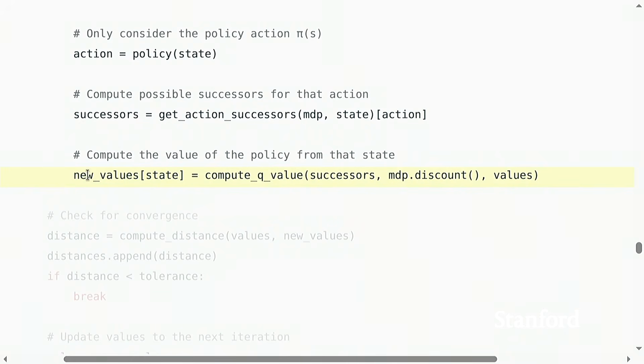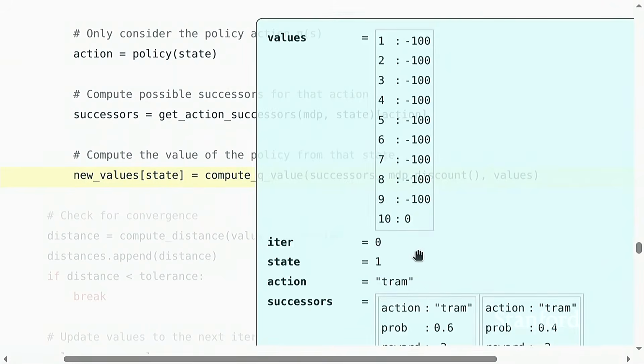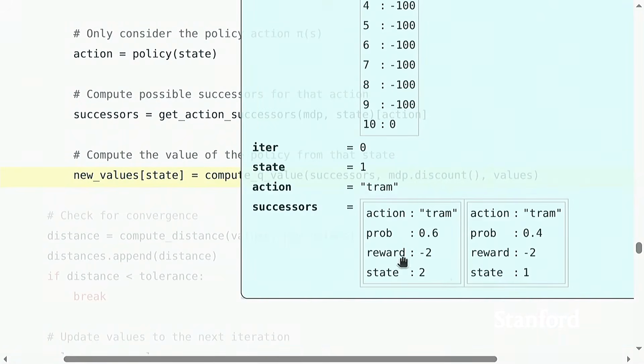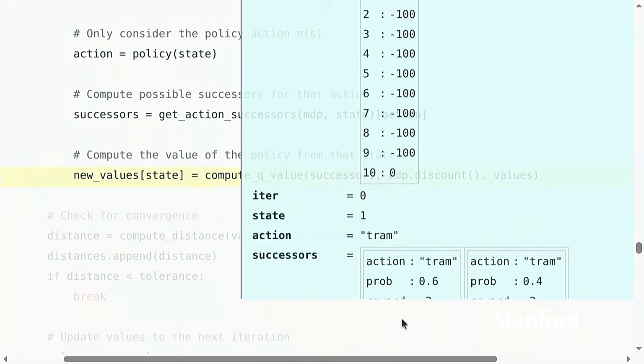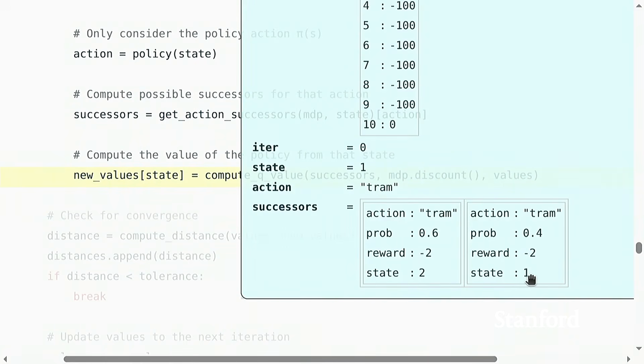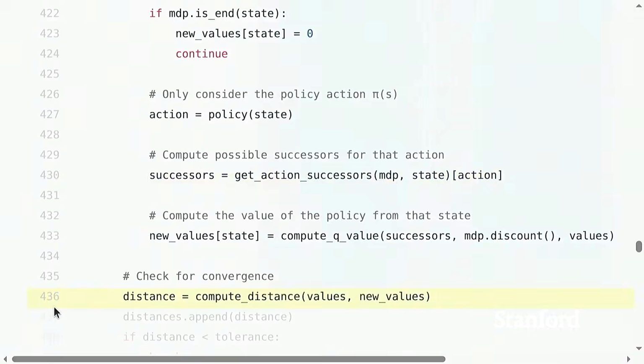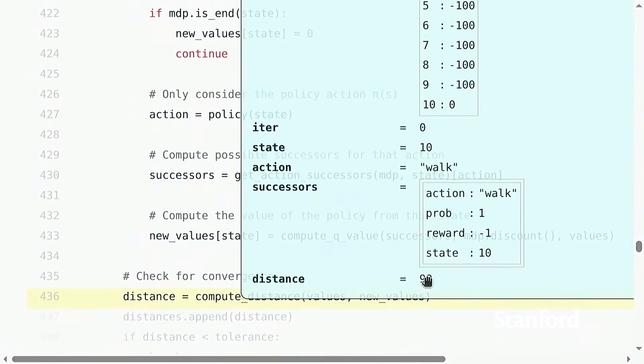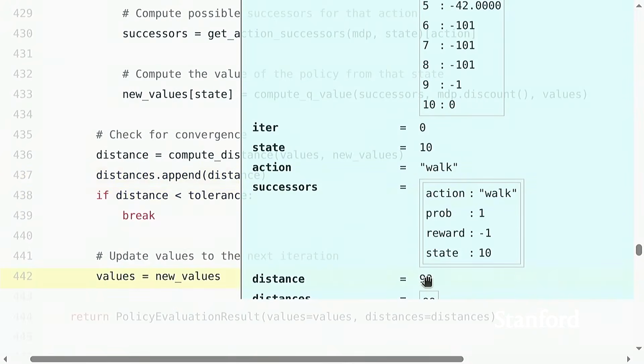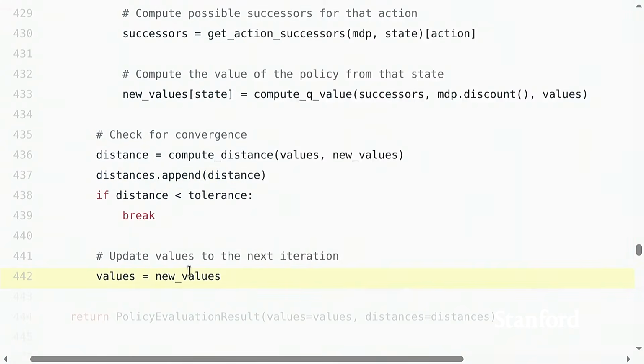Compute Q value considers these two successors, weights them by the probabilities, looks at the rewards, and then also the values of the resulting state. That gives me a new value of the state. I do this for all the states, and after I'm done I compute the distance. The distance is pretty high, so I'm not going to break out of this loop.